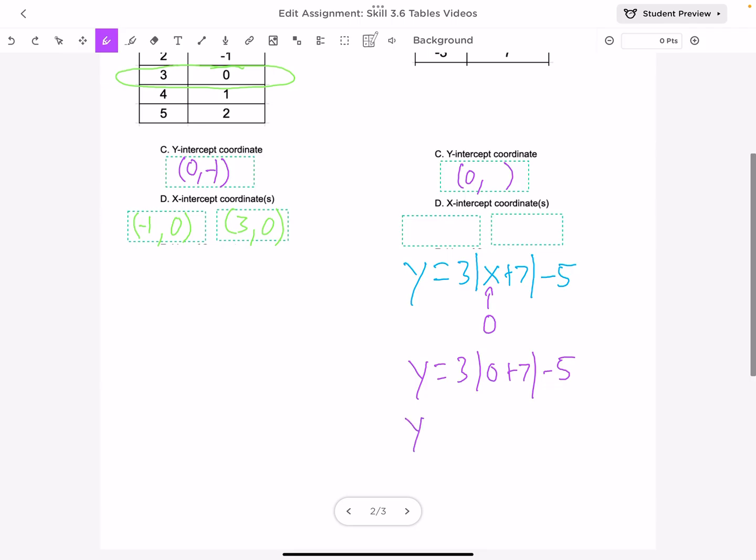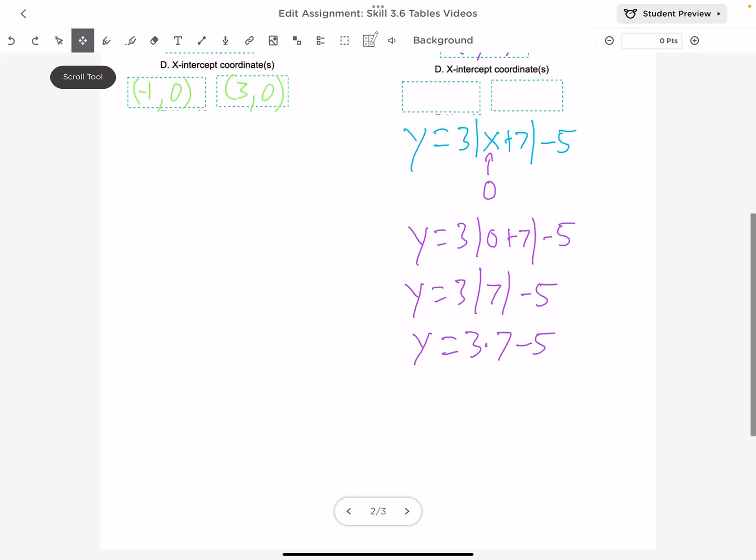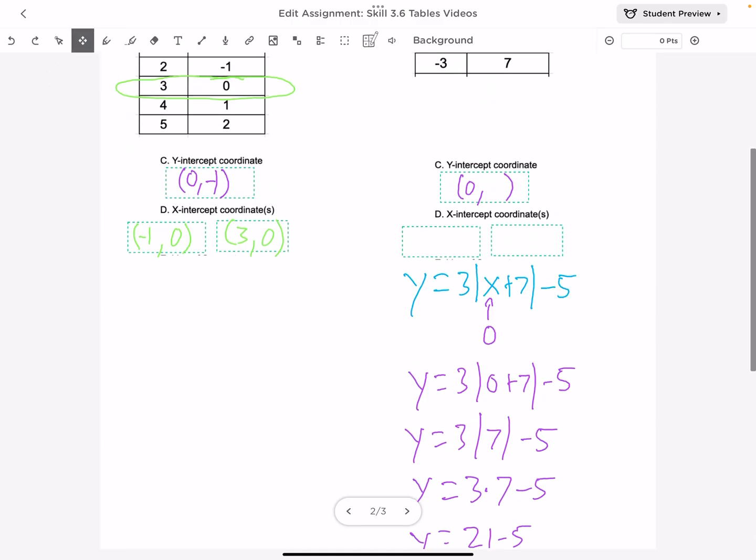So this is y is equal to 3 times the absolute value of 7 minus 5. Well, the absolute value is just 7, so that's basically 3 times 7 minus 5. And then that's y is equal to 21 minus 5. Y is equal to 16. And so it's 0 comma 16. So that's how I find my y-intercept.